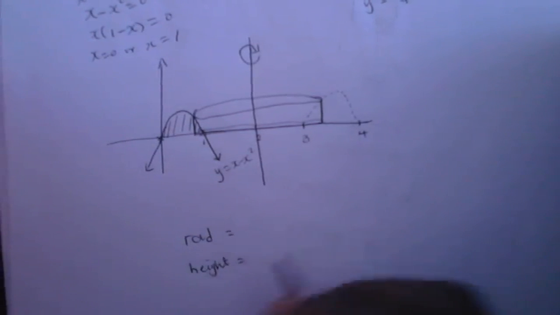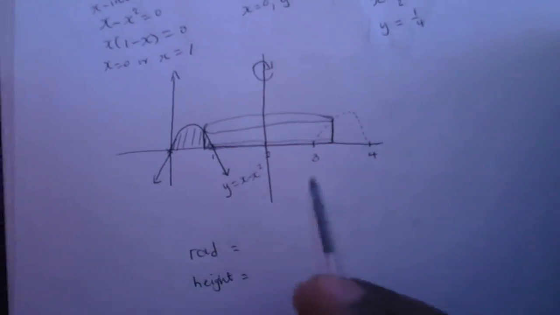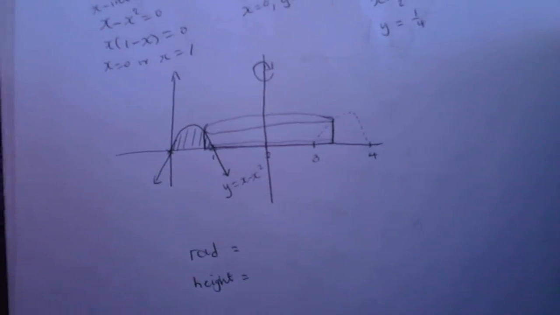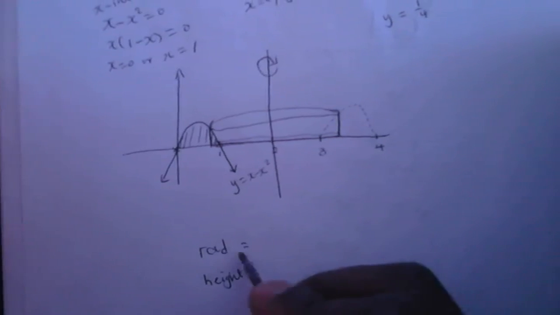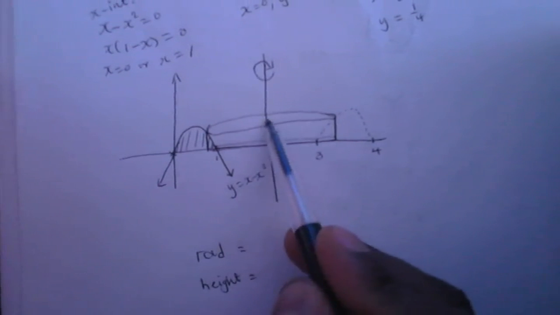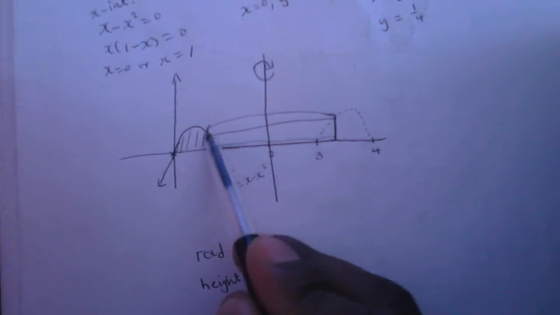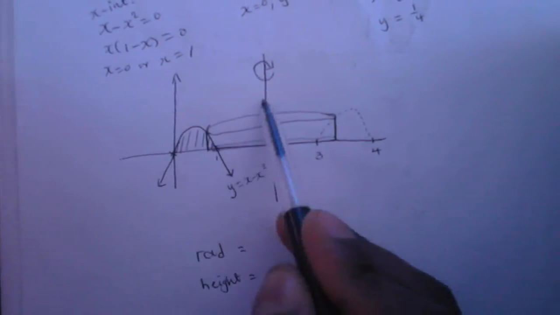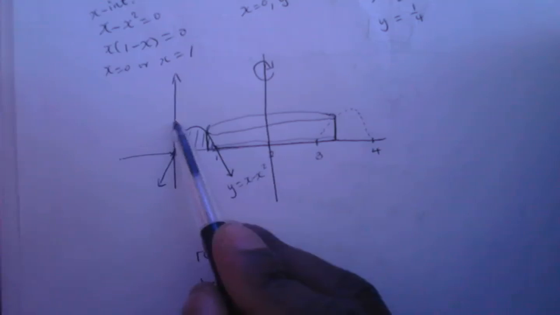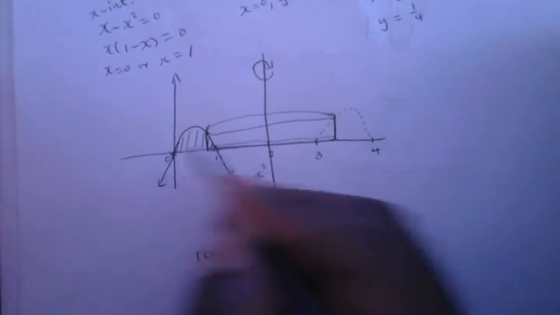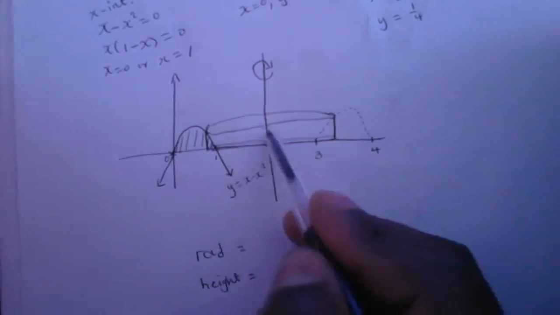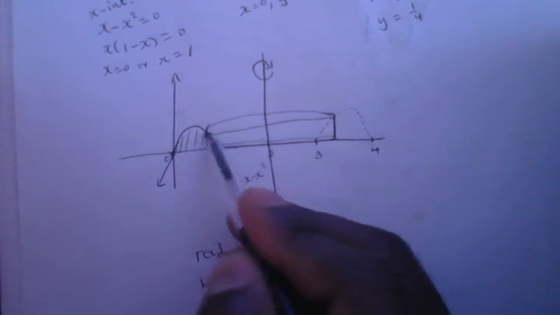For the radius, take note we're integrating in terms of x. So the radius is the distance from the axis of rotation all the way to that graph there. Remember this distance from here all the way to the origin is 2, therefore this distance needs to be slightly less than 2.